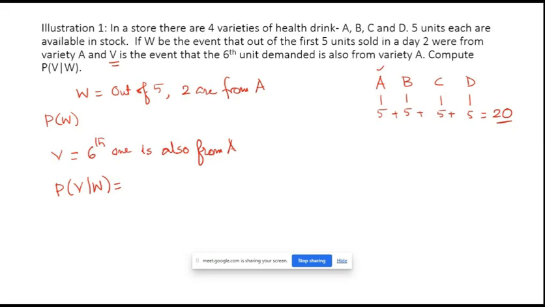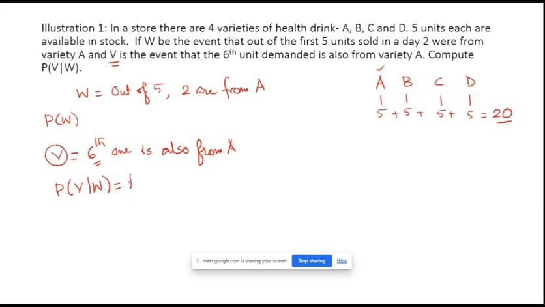Here what happens, if we look at only event B, then we are concerned with the sixth one. But actually when we compute the probability, the previous information is available with us. That out of 5 sold already, 2 are gone. So we have to compute this. Now look at the formula.